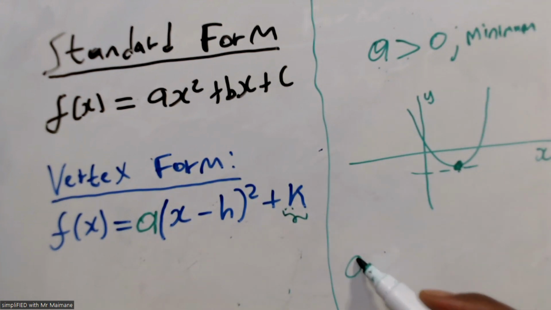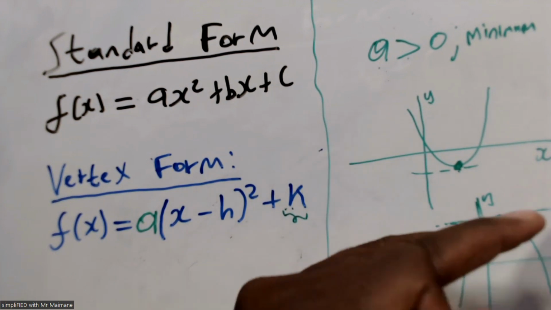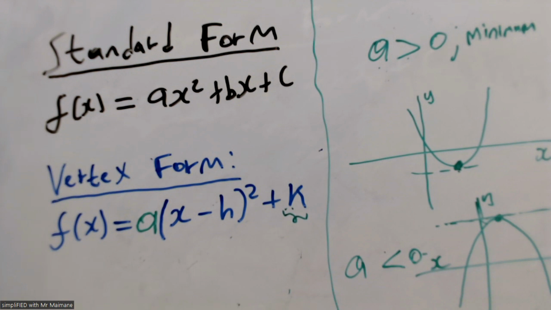And for cases where A is negative, imaginary, our graph will be something of this nature. So there, it's going to be our vertex, given that these are the y-axis, these are the x-axis. There will be our vertex, so meaning now it represents the maximum and then it goes below like that.